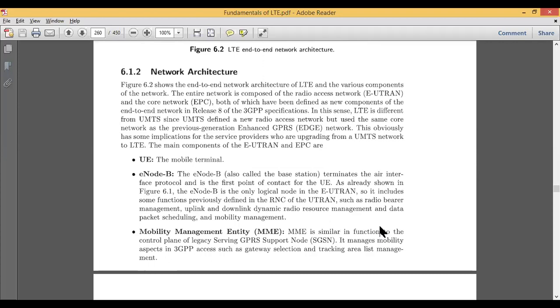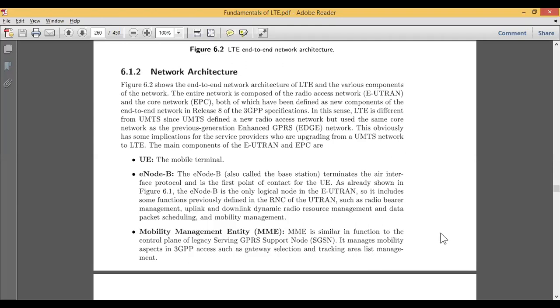This is again related to your module number 5, where we have seen the use of mobility management. It supports your GPRS nodes, and it manages the mobility, the moving of your mobile user from one point to another, in such a way that there is proper selection of the gateway through which I should send my call or receive the call. It is also meant for tracking area.